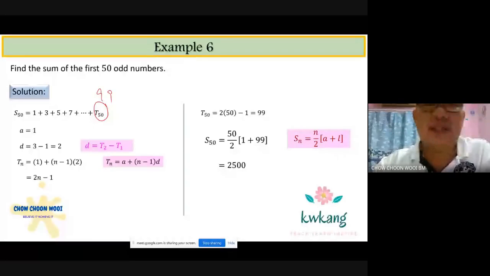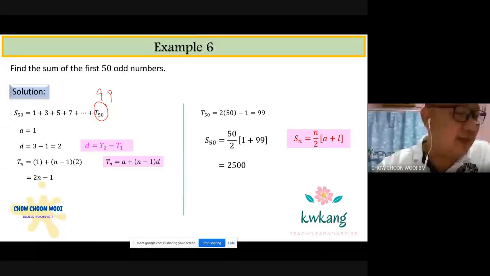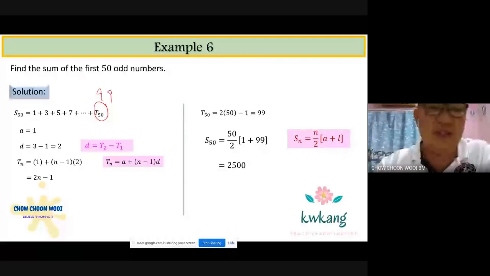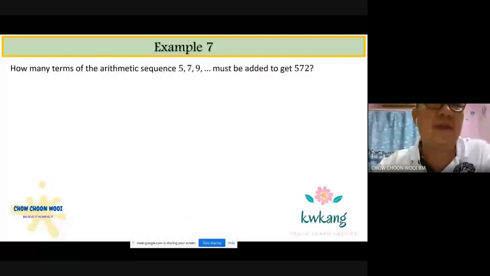Mungkin ada orang tanya saya, sir boleh tak saya guna rumus lagi untuk mencari? Boleh. Jangan susah hati. Boleh. Okay. How many terms of an arithmetic sequence 5, 7, 9 must be added to get 572? Okay. So this one I give you 1 minute.